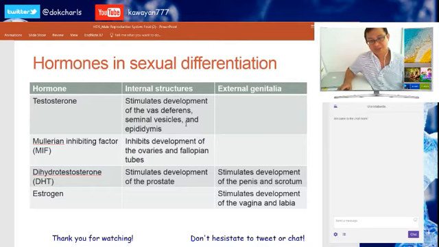Your estrogen, on the other hand, is needed for the development of the vagina and the labia. However, estrogen is not needed for the development of ovaries and fallopian tubes. In the absence of any other stimulation, anybody can develop an ovary and a fallopian tube if you don't have your male hormones, especially your Mullerian inhibiting factor.